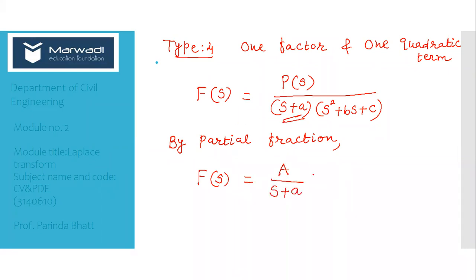Using type number 3, this is the polynomial, therefore ps plus c. Right, this is the partial fraction. Okay, note it down, this type number 4, then we will discuss one question.